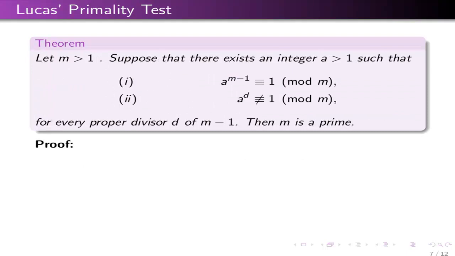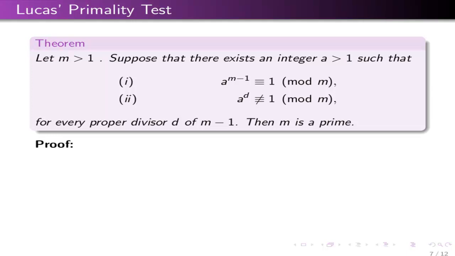So, if a to the m minus 1 is congruent to 1, we do not get to conclude that m is a prime number. However, if we strengthen the hypothesis, we get what's called Lucas's primality test.